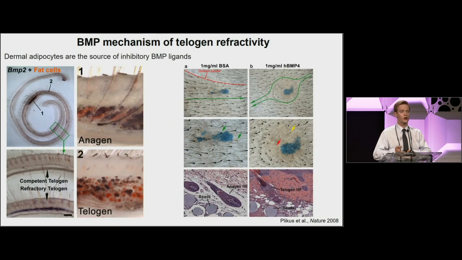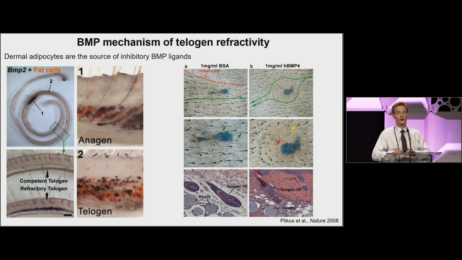What we understand from our earlier studies is that one of the cell types in the skin microenvironment that essentially enforces the refractory state on telogen hair follicles are dermal mature adipocytes, which are the site of BMP2 ligand production. By implanting, for example, recombinant BMP protein-coated beads ahead of the wavefront, as shown here on the right, we can actually reactivate the refractory state, and it will generate a halo of inhibition where hair follicles cannot go into anagen around the beads.